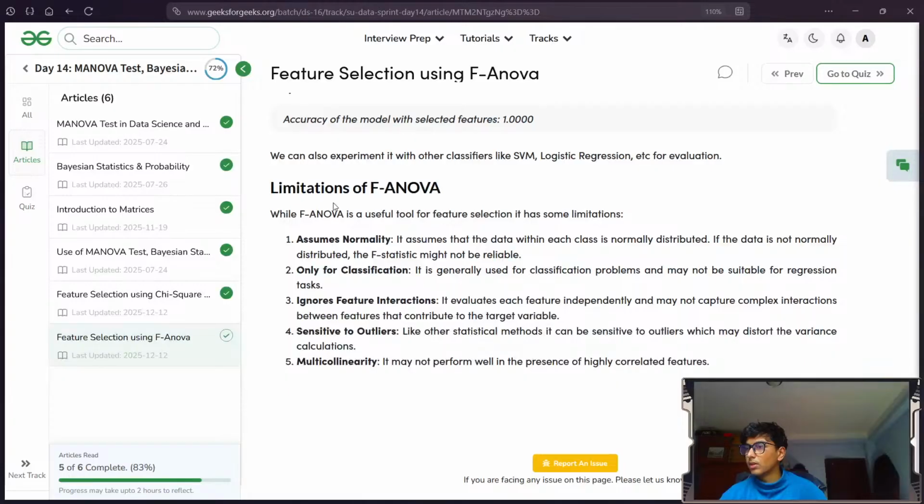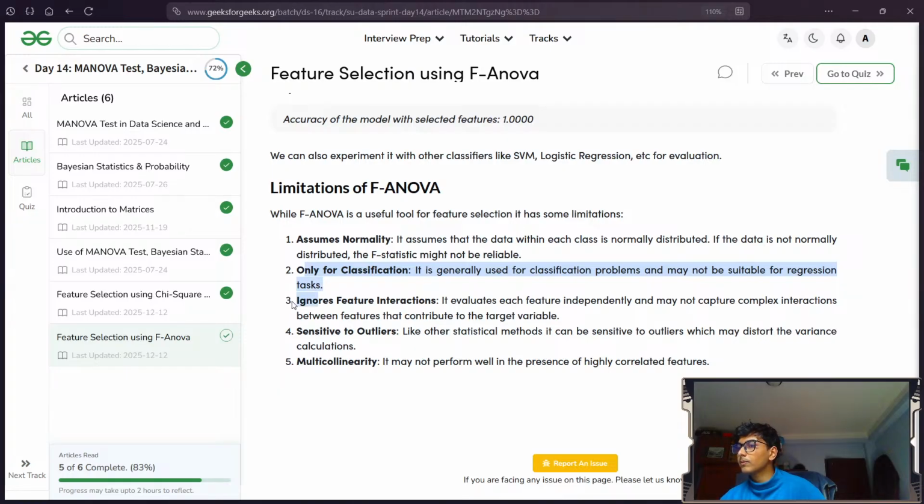Limitations of F-ANOVA. While F-ANOVA is a useful tool for feature selection, it has some limitations. It assumes normality: the data within each class is assumed to be normally distributed, and if it is not, the F-statistic might not be reliable. It is only for classification: it is generally used for classification problems and may not be suitable for regression tasks.